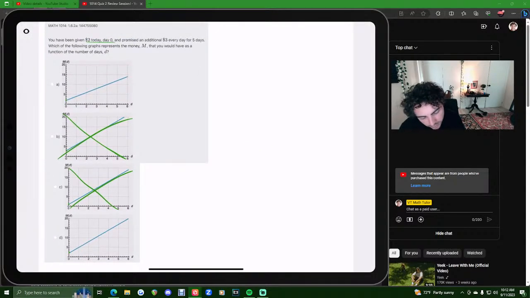And then they promised $3 every day for 5 days. So $3 a day. What that means is your slope should be 3. Your y value should go up by 3 every time you go 1 across. So for every day, every horizontal increase, your y value should go up by 3. That's what we want to look for.